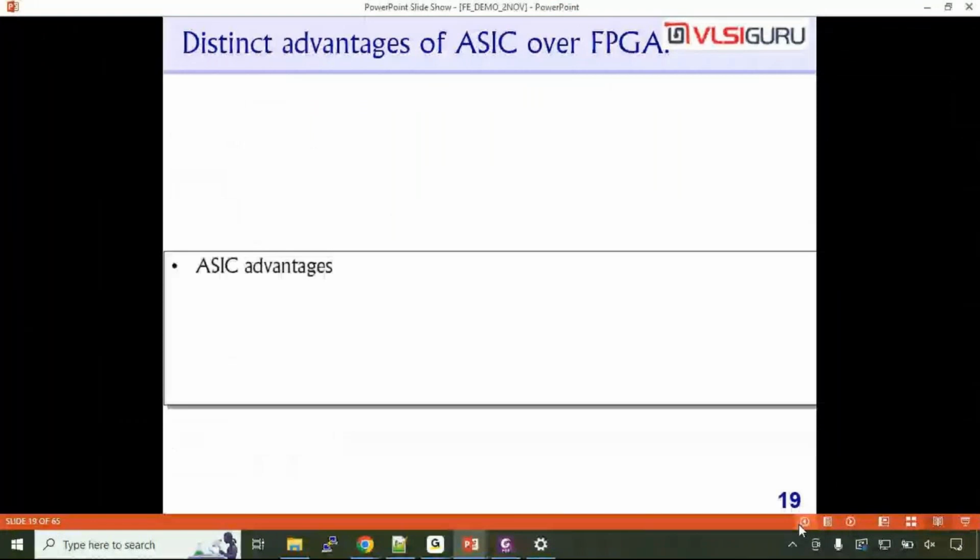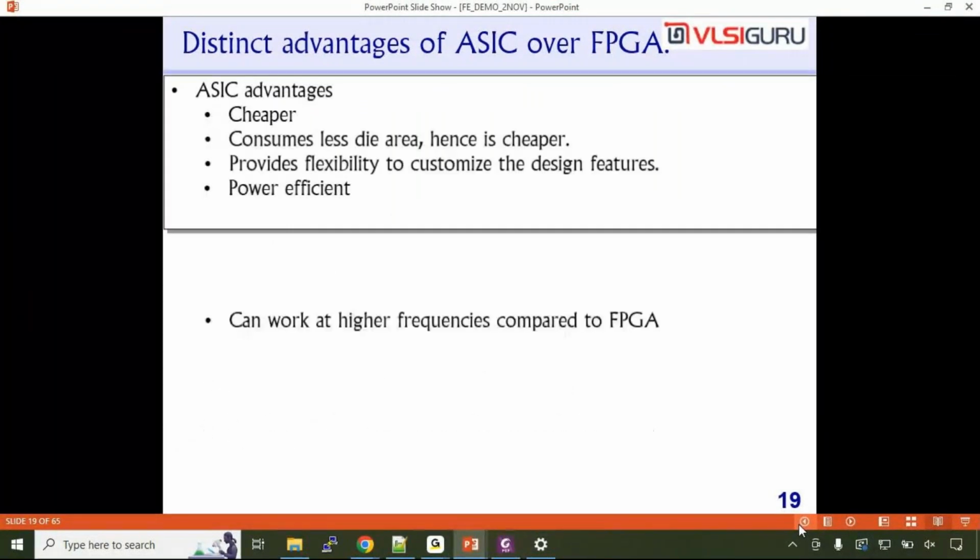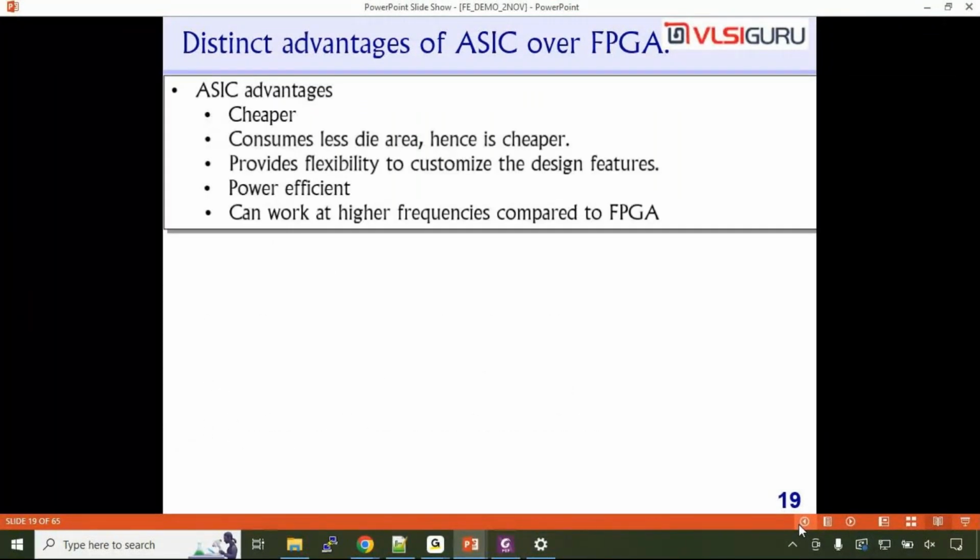Is that clear to you? What are the advantages of ASIC? First advantage is cheaper. Second is it consumes less die area, hence it is cheaper. Third is flexibility to customize. You can make it cheaper, smaller. You can customize the power consumption, customize the performance as you want. Fourth is power efficient. Fifth is it can work at much higher frequencies compared to FPGA.